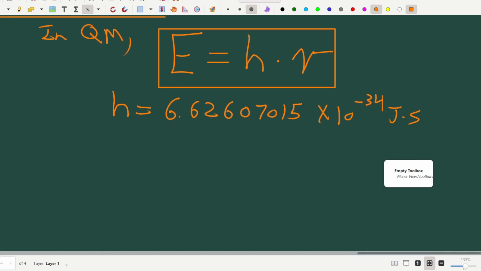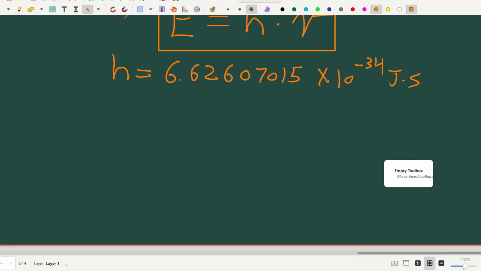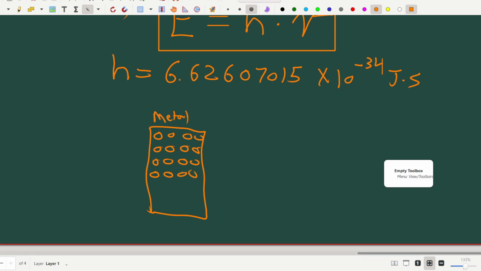So what if we were to, for instance, take a material? Let's just take a sheet of metal. I'm just going to draw a little metal sheet with atoms. So this is some metal, and I'm going to shine light at it.